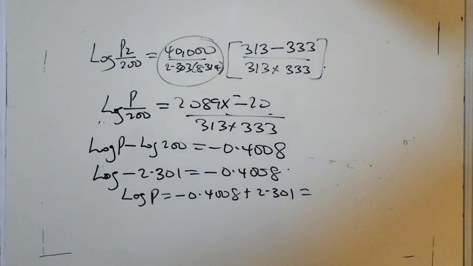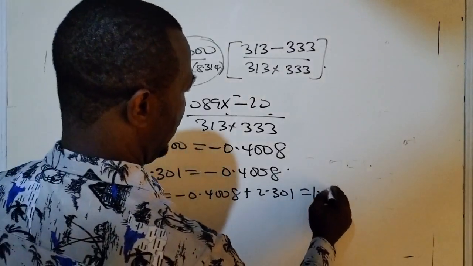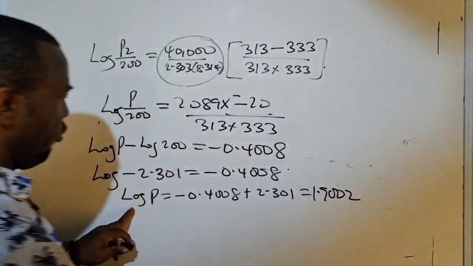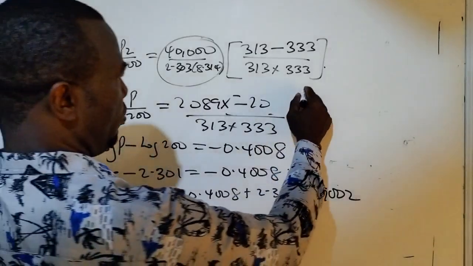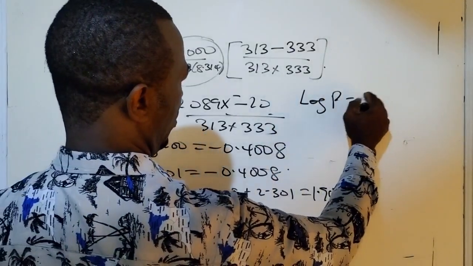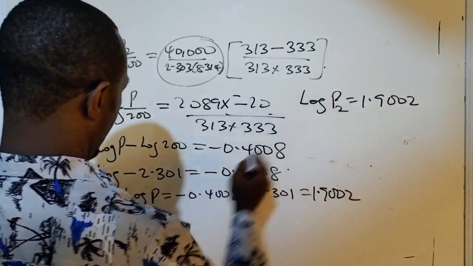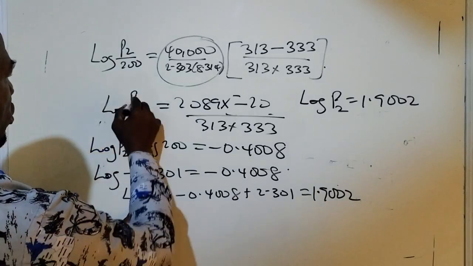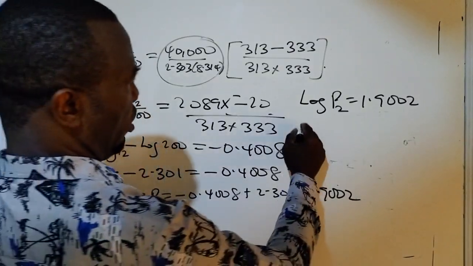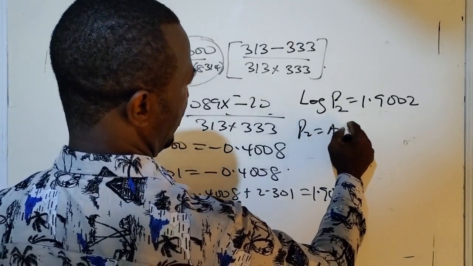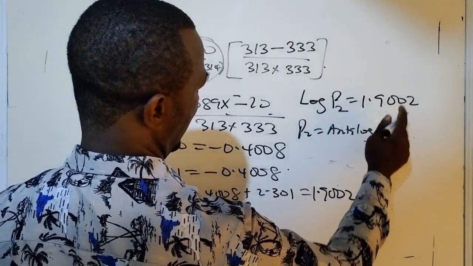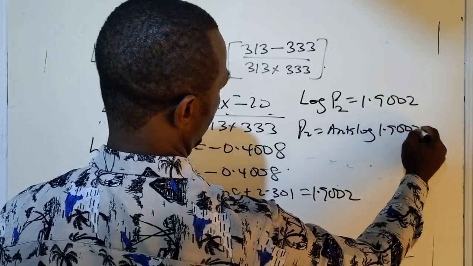If I add the two values, I'm going to have 1.9002. Looking for P2, so P2 now becomes the anti-log of 1.9002.